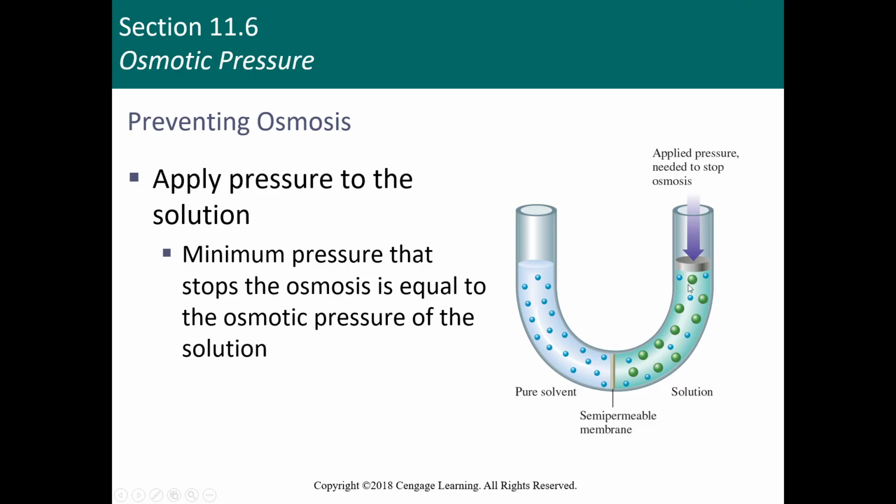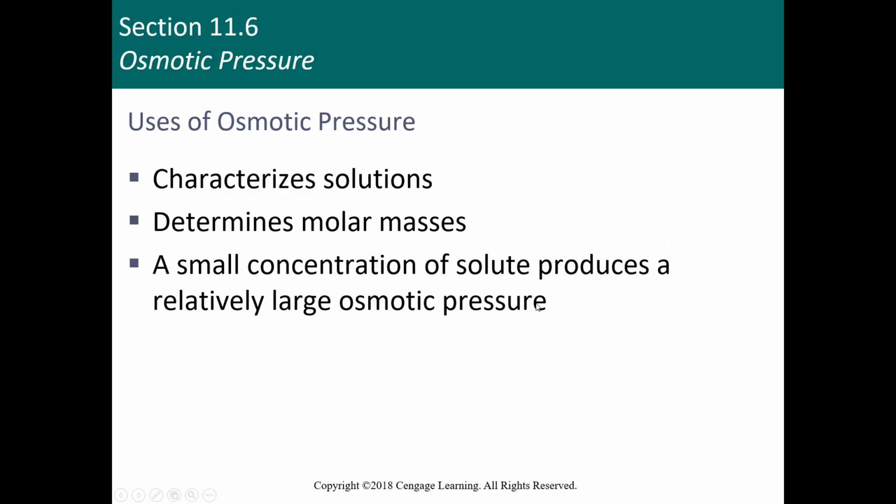What this is going to do is if we have an amount equal to the osmotic pressure, this is going to stop osmosis. The minimum pressure that stops the osmosis is actually going to be the osmotic pressure of the solution. If we apply greater pressure, this will actually cause the water to separate out in the opposite direction. Typically, it's actually very energy intensive to do so.